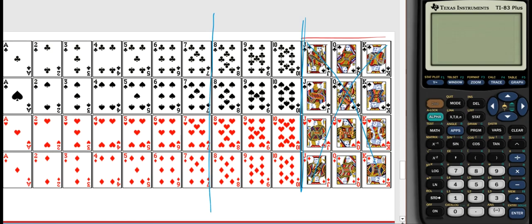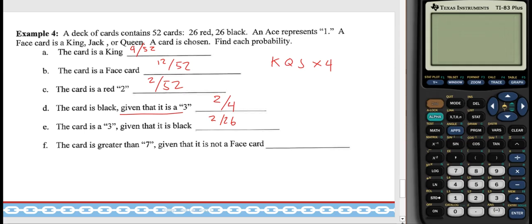Okay, so that would be right through there, like that. So I have 12 cards here out of 40 total cards, right? 12 in this section right here. That's my group that I'm looking for out of 40 total cards. So my probability then would be 12 out of 40.